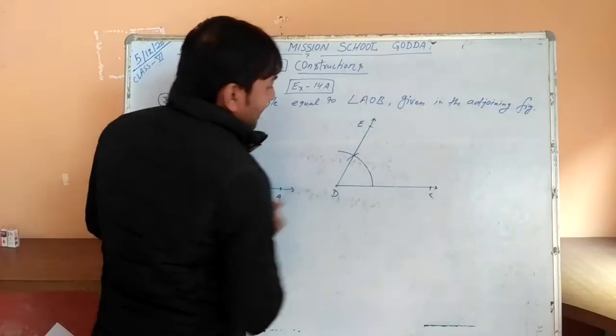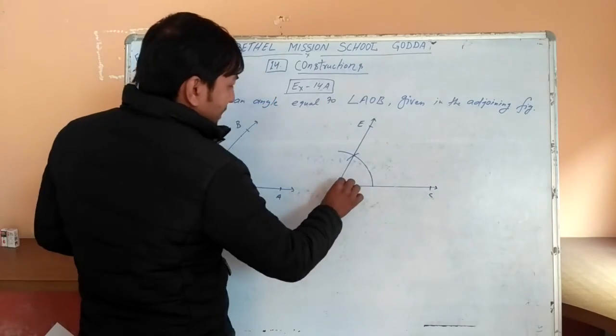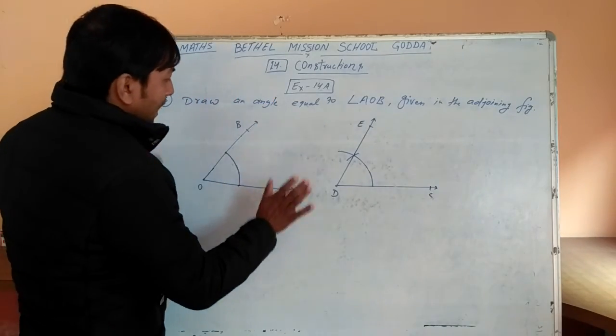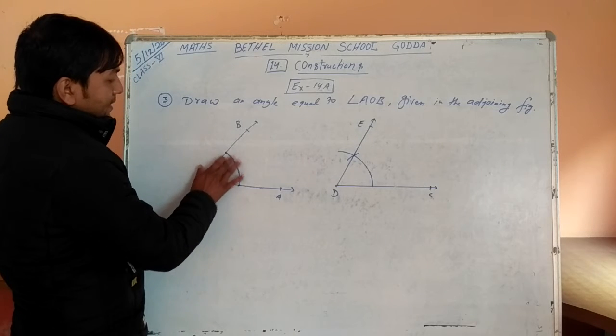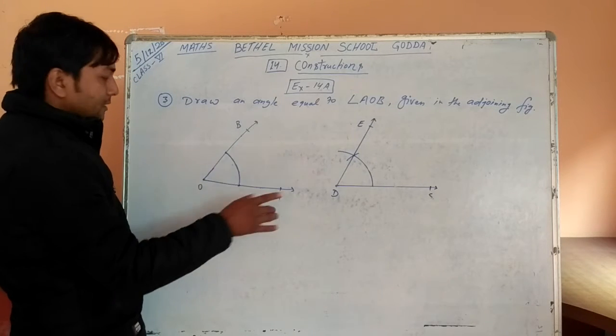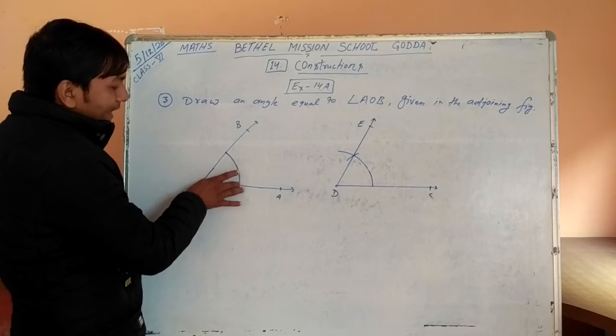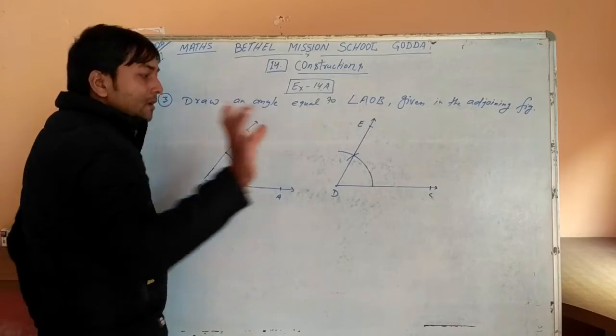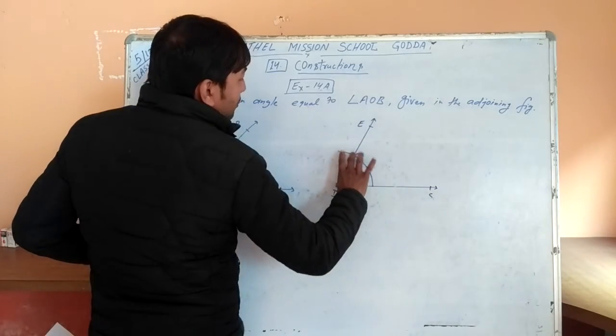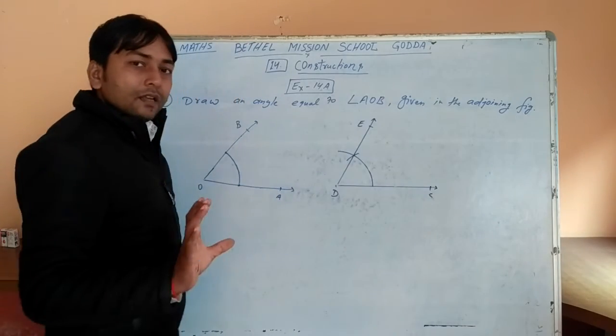First we draw a line, okay, then with this point. Now, since this arc had not been given, first we draw an arc, and with this same arc you have to draw here. That is the first work.